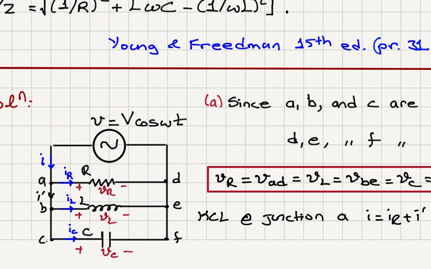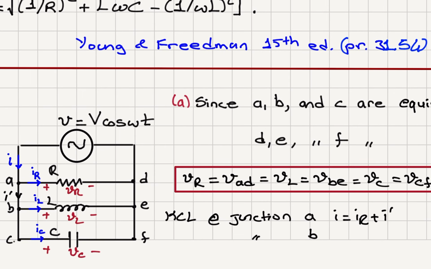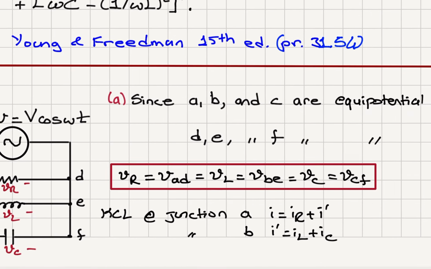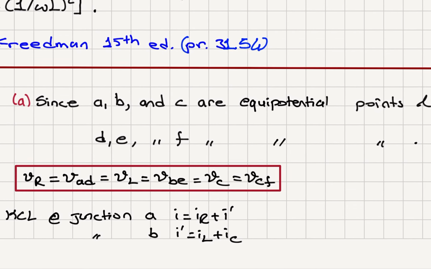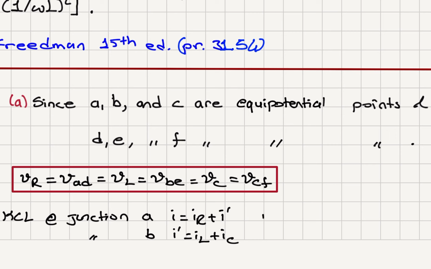And writing Kirchhoff current law at junction B, I see that I prime, the current entering the junction, is equal to the two currents leaving the junction, I sub L plus I sub C. So combining these two, I obtain I is equal to I sub R plus I sub L plus I sub C. So that's the end result.